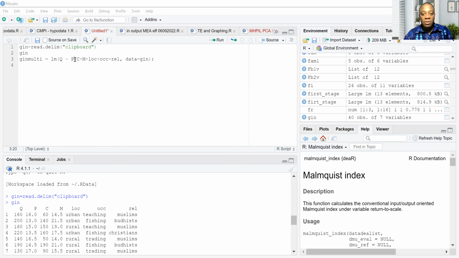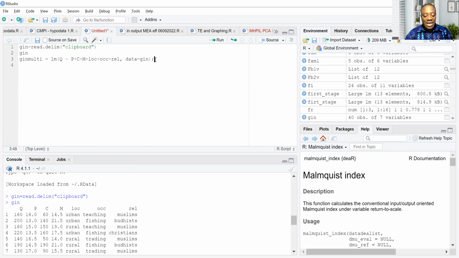Okay, thank you. So once you have P plus C plus M plus LOC, check it, it is LOC, spellings matter, plus OCC, plus REL, comma, the comma must come, then data. After data, then gen equal to gen. Then the bracket closes. Then a semicolon.